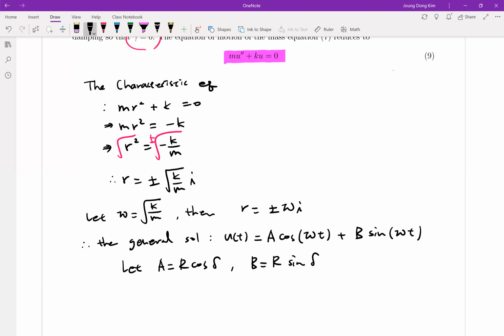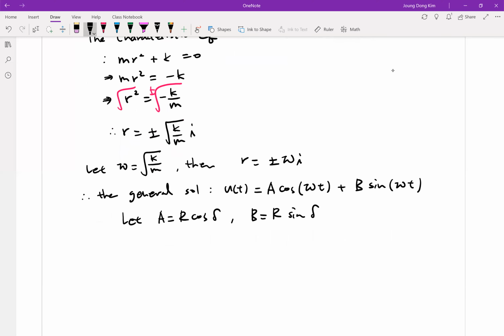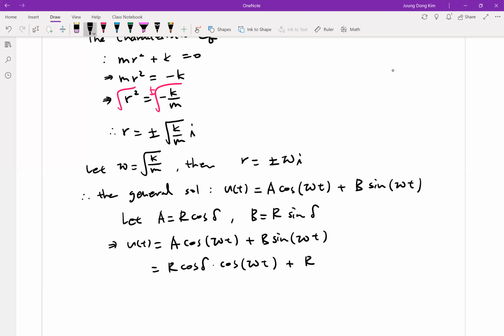Then this u(t), which was a cosine omega t plus b sine omega t, can be written as r cosine delta times cosine omega t plus r sine delta times sine omega t.